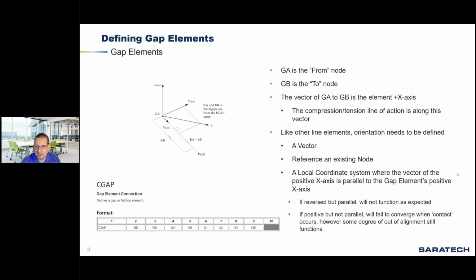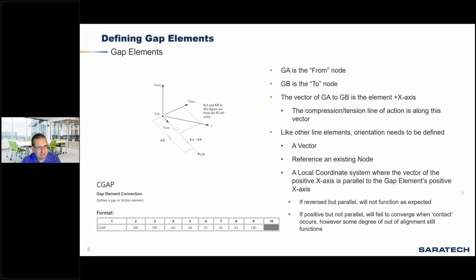But like other line elements, we do need to define orientation. It can be defined a couple of different ways. We have vectors, or we can reference an existing node, and a local coordinate system can be used instead. This local coordinate system needs to have the x-axis positive and parallel to the gap element's positive x-axis.